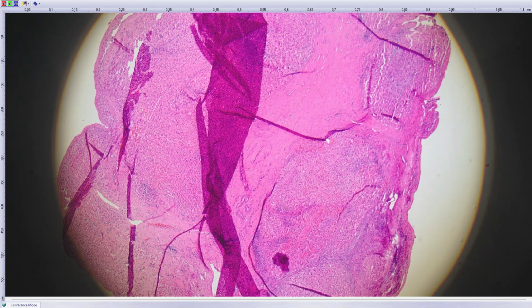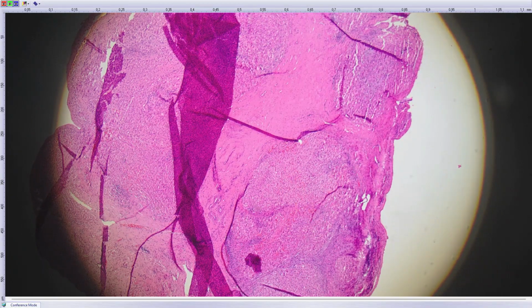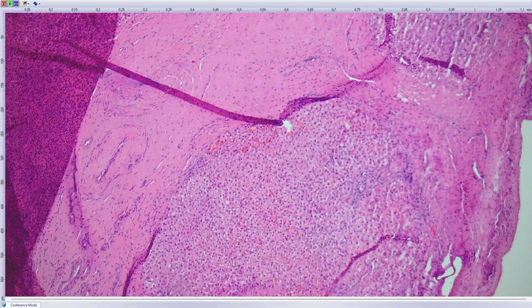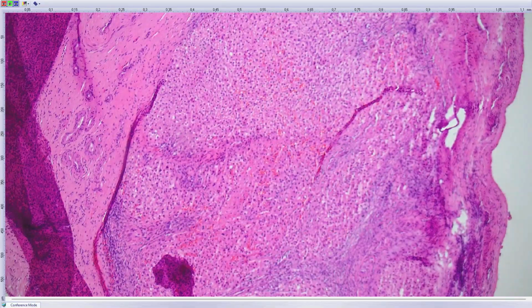The second case is also quite routine and easy. This is a liver biopsy from a younger patient, a 30-year-old patient, and this is the lesion. It was biopsied as a lesion of the liver, not a diffuse process.